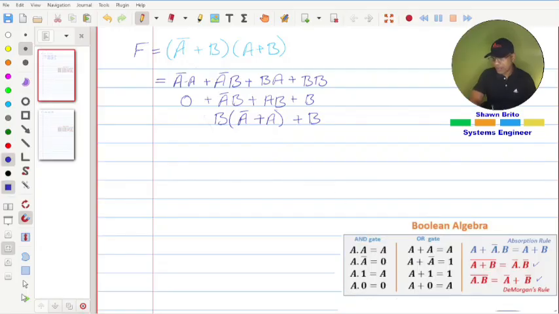So A bar plus A is 1. So this is B into 1, and B into 1 is still B. B plus B is still the same because it's an OR gate. So B is the final output.